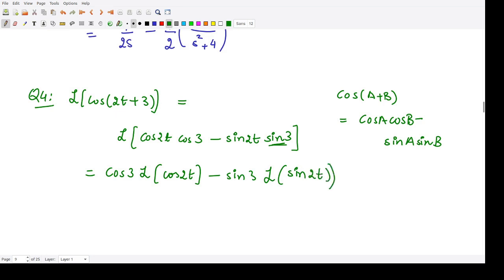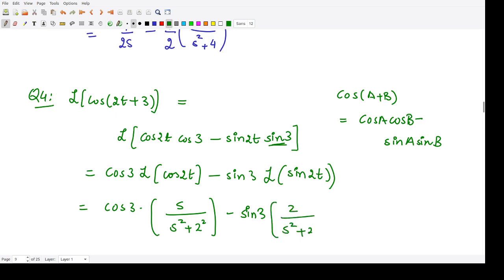So now we just have to perform the Laplace transform. The Laplace transform of cos 2t is s divided by s square plus 2 square, and then minus sin 3 as such, times the Laplace transform of sin 2t, which is 2 divided by s square plus 2 square.